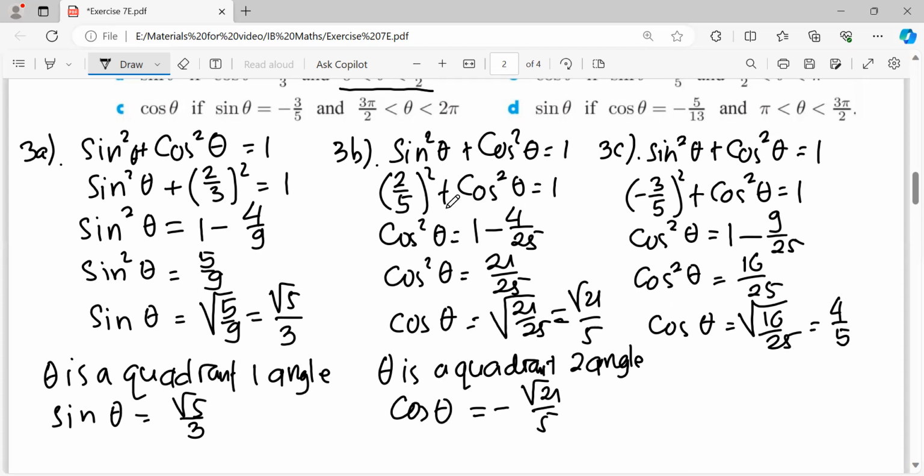Based on this information, theta is in quadrant 3.